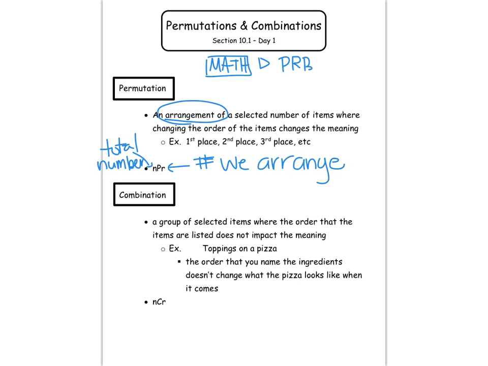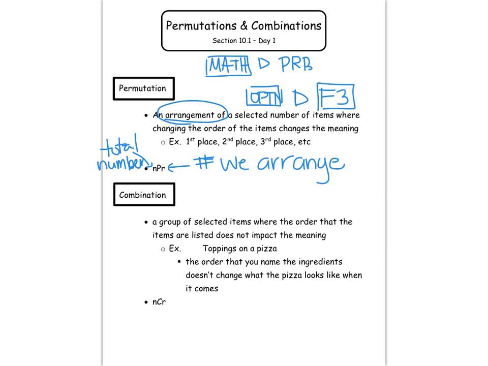On a Casio, you're going to hit the option button, which is OPTN. And then you're going to arrow over by pressing F6. And then you're going to see probability as F3. So then you're going to do F3. All right, and then you will see the nPr and the nCr that we're about to talk about there.